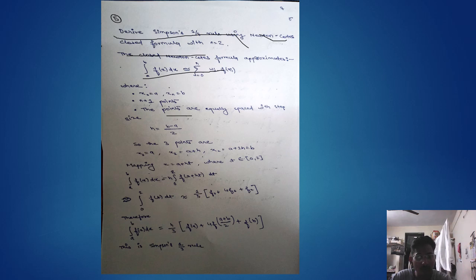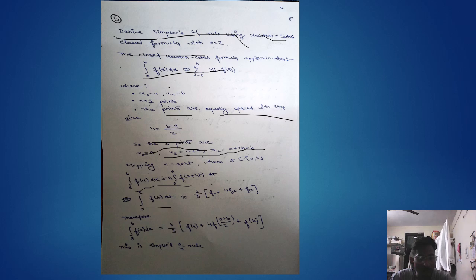These points are equally spaced with the same step size, h is equal to (b minus a) by 2. So the three points are x0, x1, and x2. Mapping x is equal to a plus ht, where t belongs to 0 to 2.